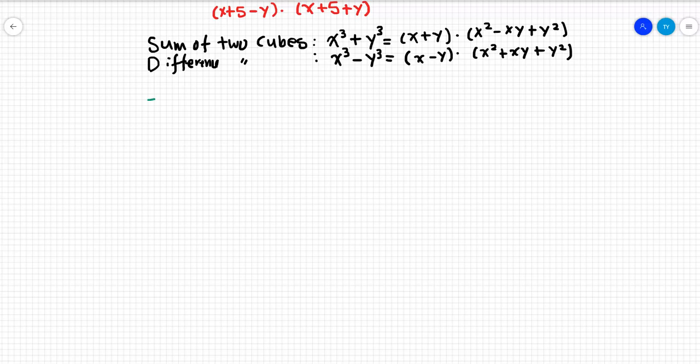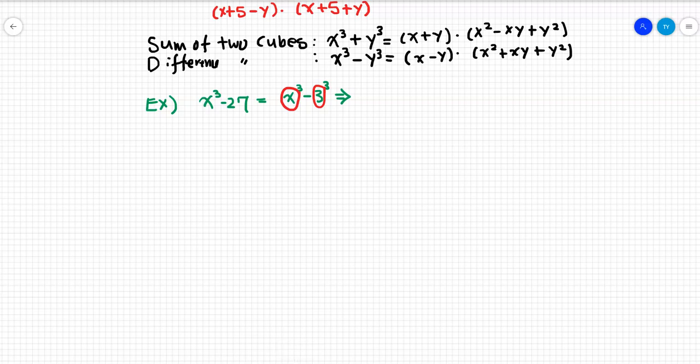Here's one example: I have x cubed minus 27. We need to fit it into one of these two. But if I rewrite the 27 in terms of 3, you will get x cubed minus 3 cubed. That's going to be a difference of cubes. So just follow it: the x is going to be your x and 3 is going to be your y.